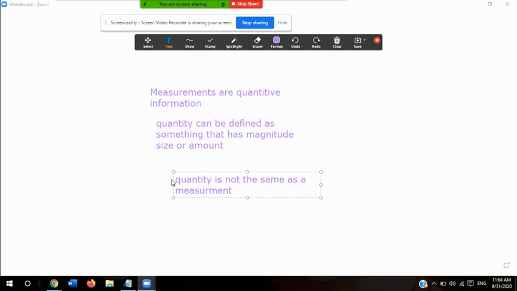So for example, it says the quantity represented by a teaspoon is volume.